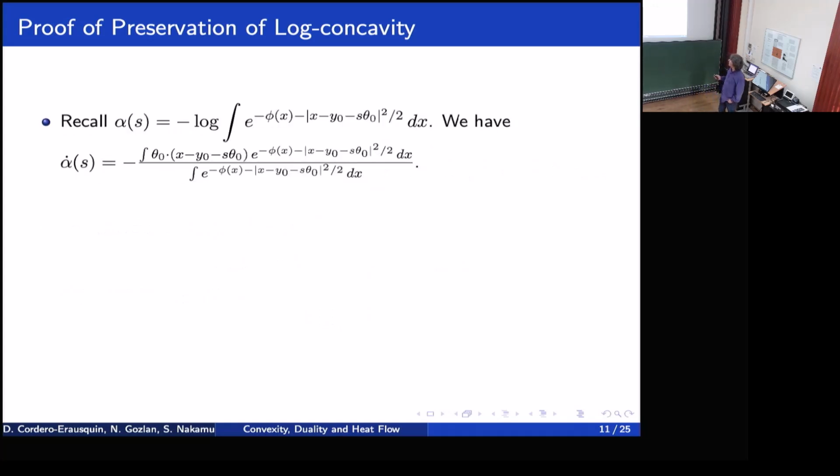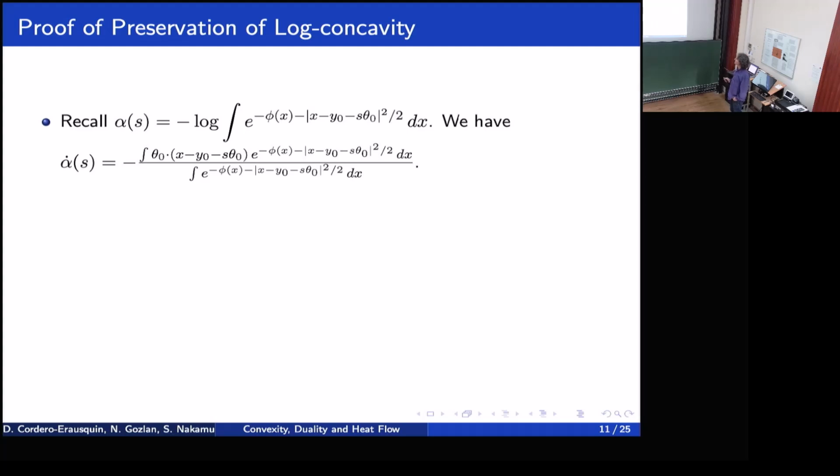So let's do that. I recall here the definition. Let's do the computation. You take the derivative in s. Here you have theta 0 scalar x minus y0 minus s theta 0, and then you have again this density, and you divide by this density. It makes sense to give it a name. This is a probability density.